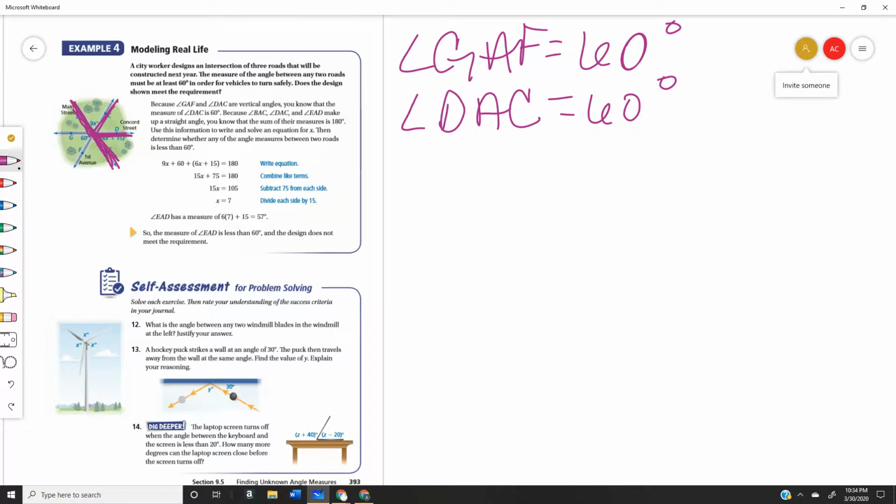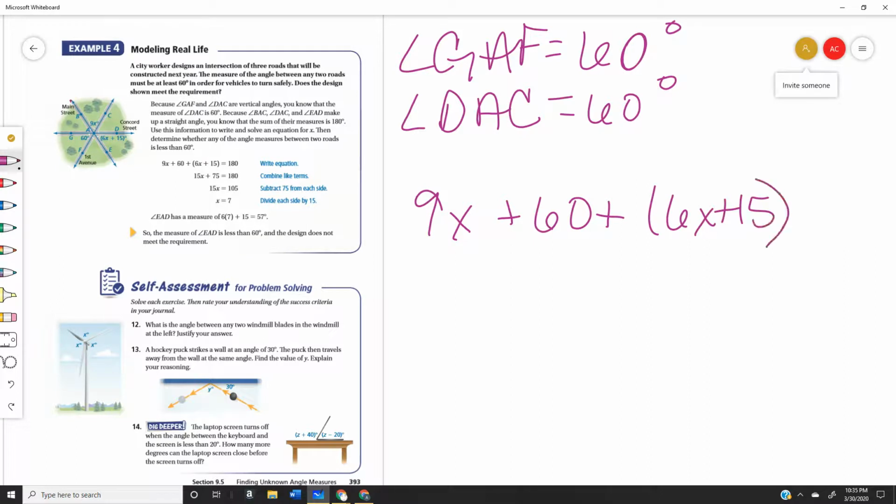So that means that those 3 angles add up to 180 degrees. Okay? So we know that BAC is 9x. We know that DAC is 60. And we know that 6x plus 15, which makes up that last angle right here, together those equal 180 degrees.